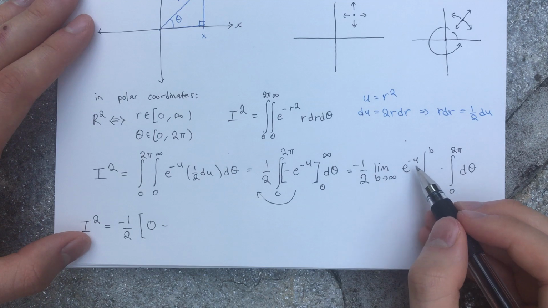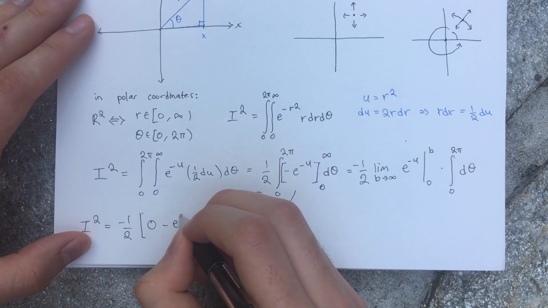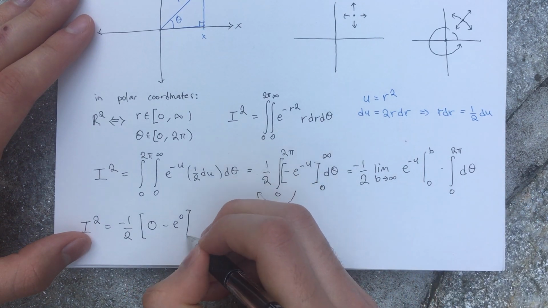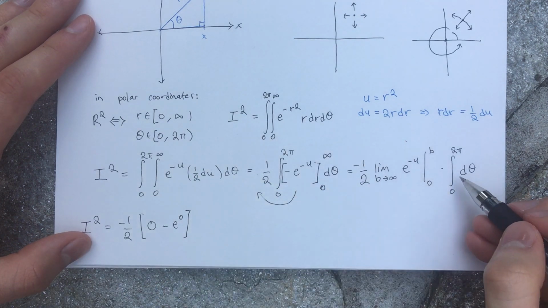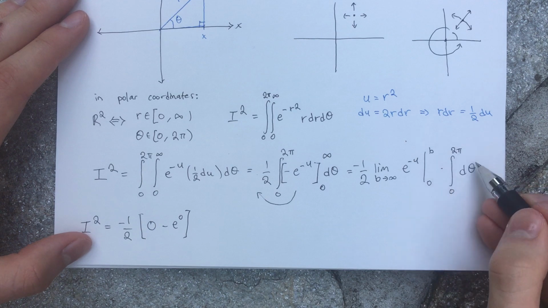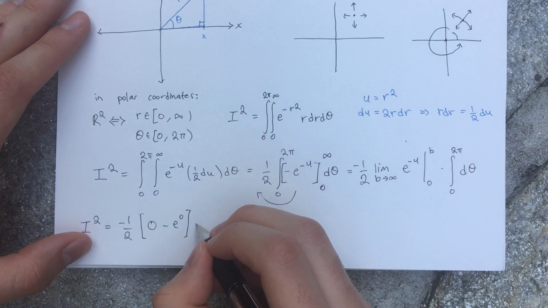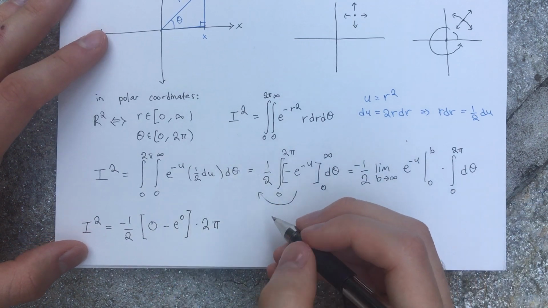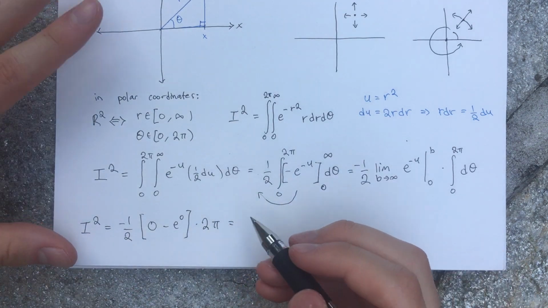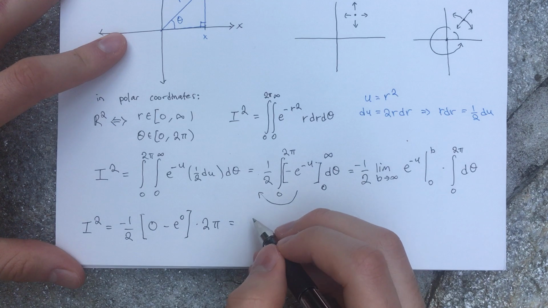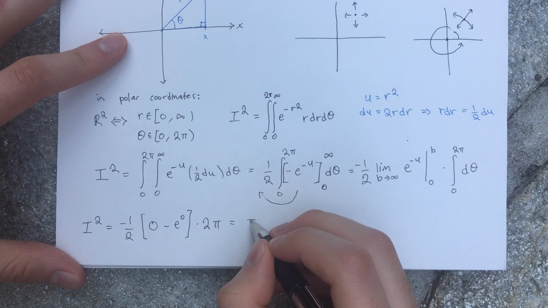Minus e to the 0, that's just 1. And then this integral right here just gives 2 pi. So all in all, we'll get these minuses cancel out. This is just a 1. We'll just get pi.